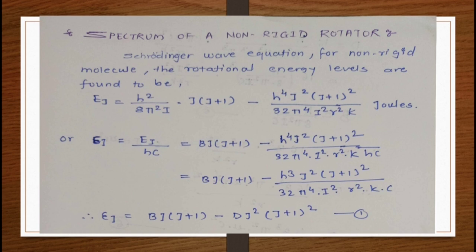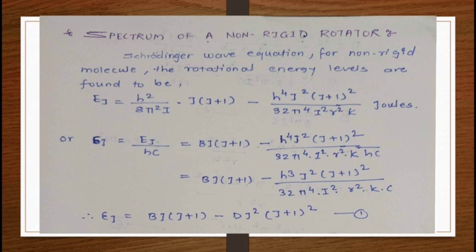So when we divide this, h square divided by 8 pi square I into hc, the h will get cancelled and the remaining expression is h upon 8 pi square I c.